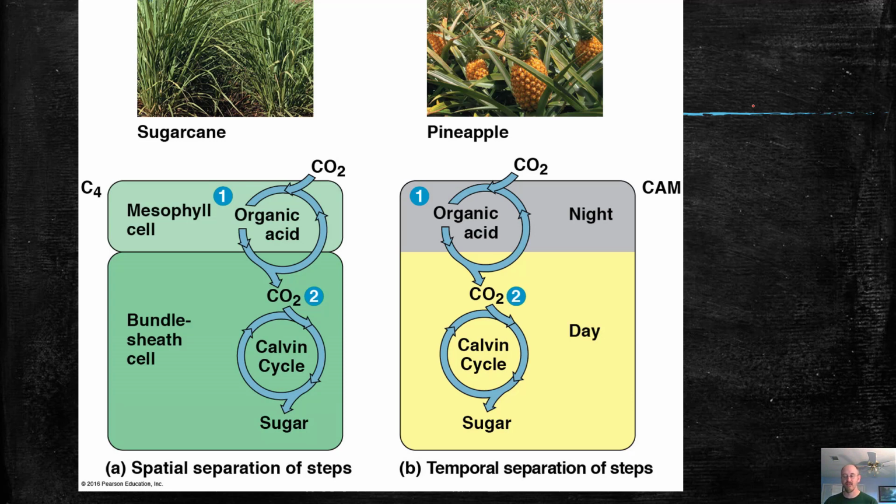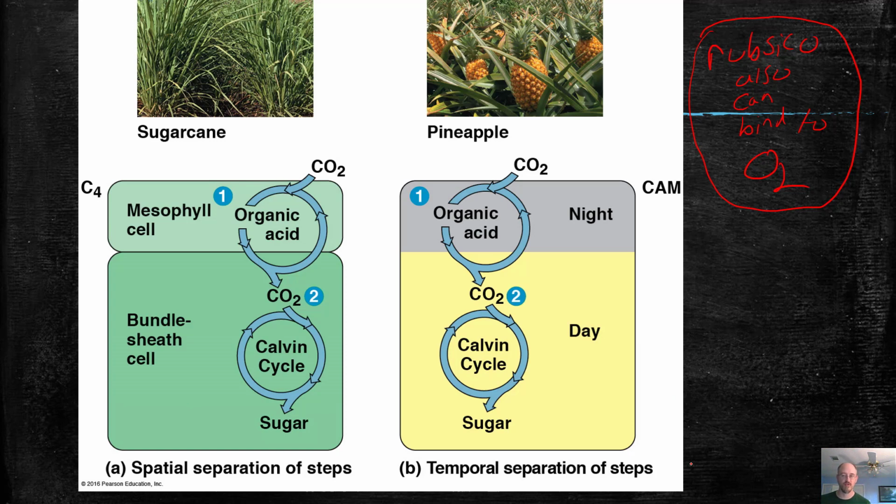When they shut and they have a whole bunch of extra oxygen around, there's a problem because rubisco, that enzyme in the Calvin cycle, also has an affinity, also can bind to oxygen. Rubisco evolved before oxygen was a real common part of the atmosphere, and because of that, its active site also can stick to oxygen.